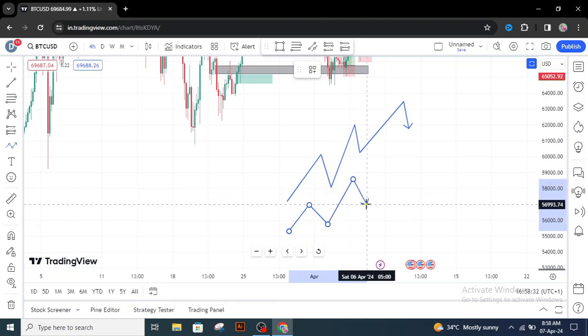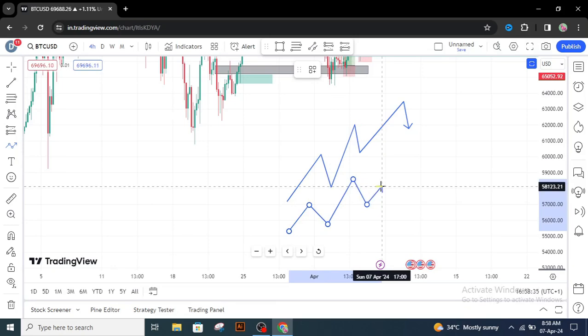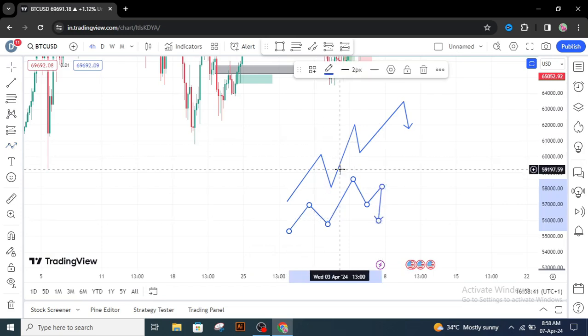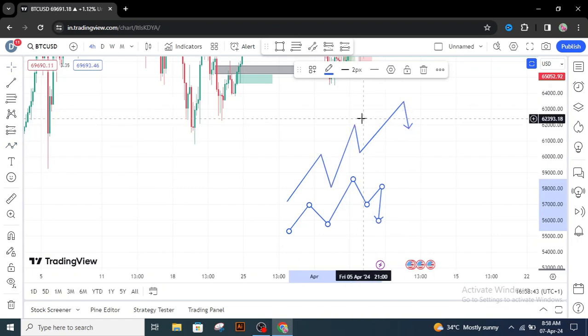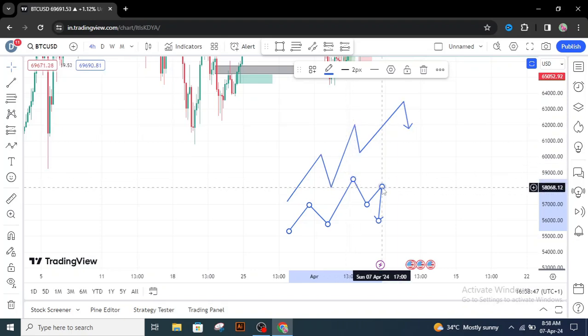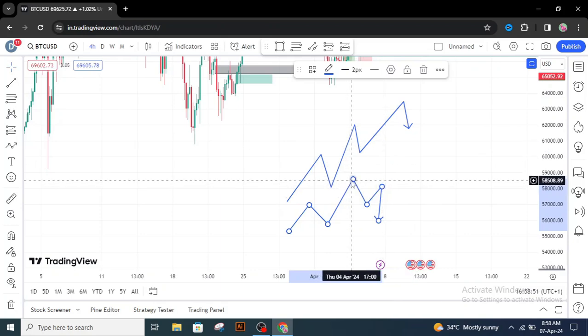But then instead of the RSI making another higher high, it makes a lower low and then comes down. Now you will discover this high is higher than this one on the normal chart. But on the RSI, instead of following a similar pattern, with this high higher than this, it's lower than this.